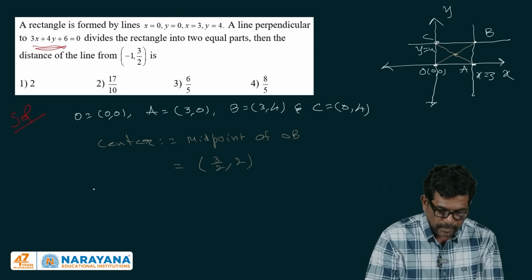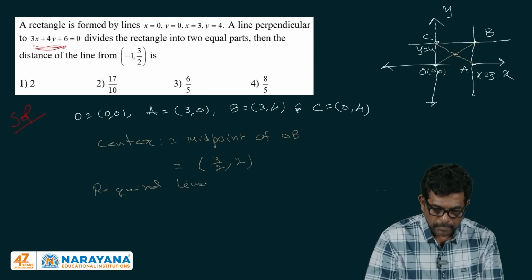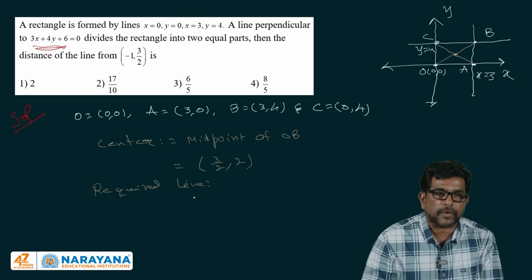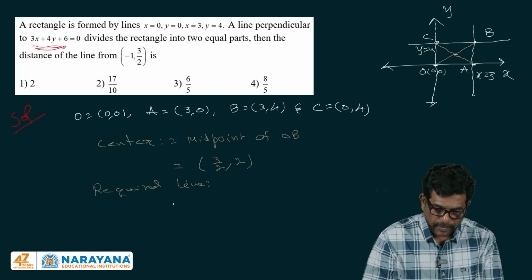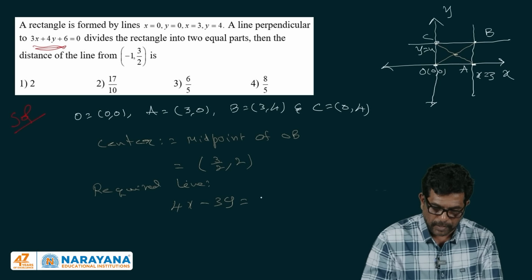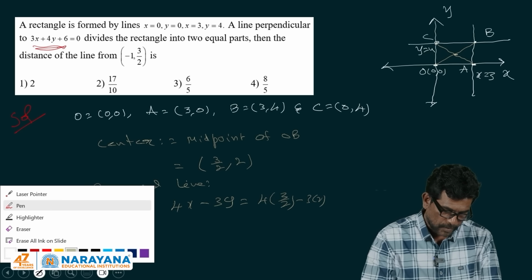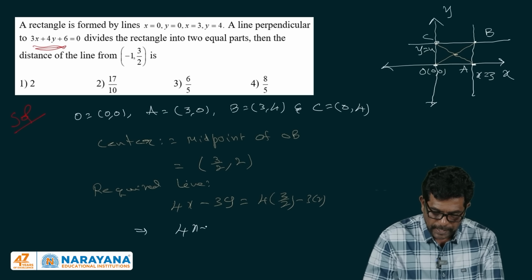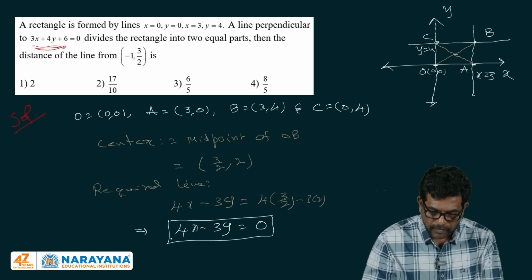By using that, we directly write the perpendicular line of 3x plus 4y plus 6 is equal to 0 as 4x minus 3y is equal to 4 times 3/2 minus 3 times 2. By simplifying this, we get the required line. That is, the required line is 4x minus 3y is equal to 0. This is the required line.